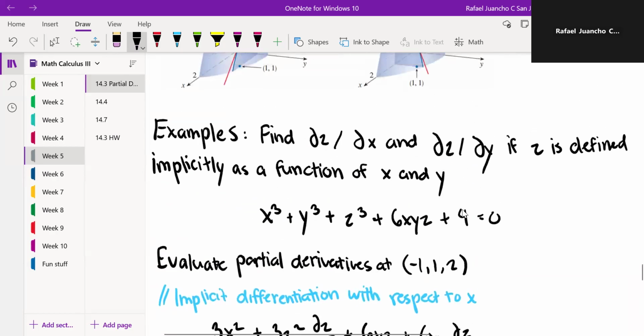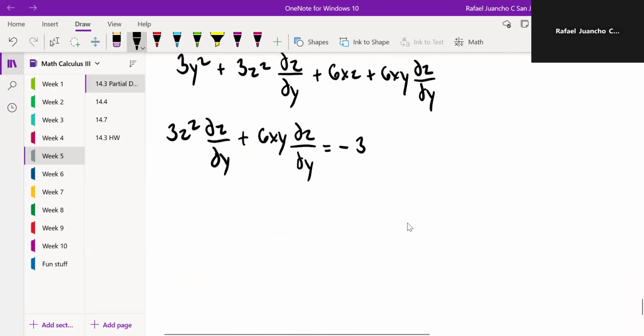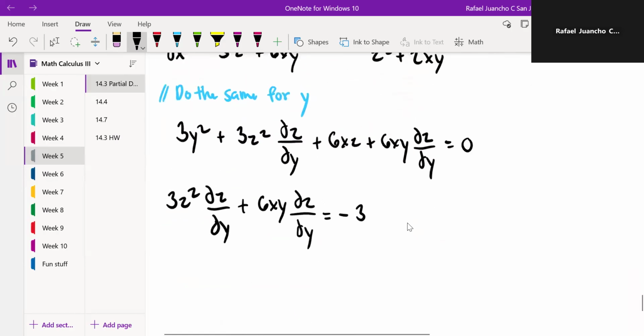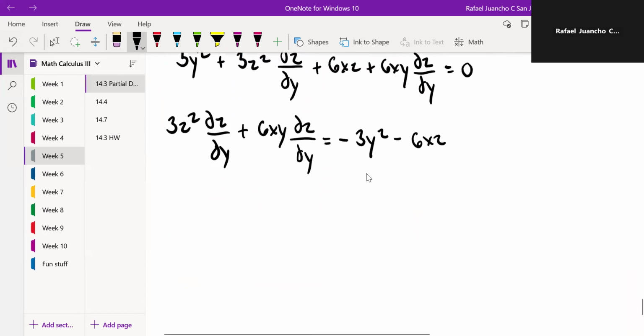I have a 4, which just becomes a 0, and I have a 0, which is a 0. Oh, I missed the 0. Okay. So here I keep this on the left-hand side. I put my other terms without the partials on the other side. This is minus.